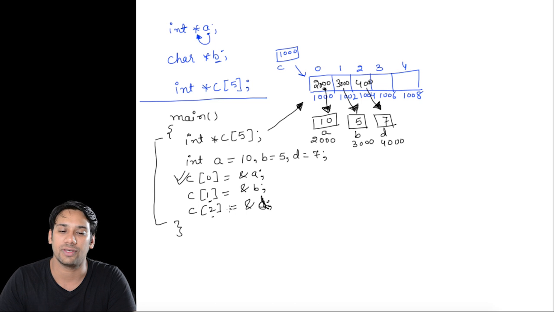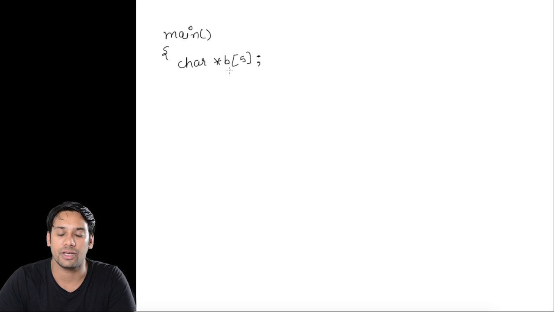We can access this array of pointers just like we access arrays. Take this example. We have this program main with char *b[5], and this b means this is an array of pointers.